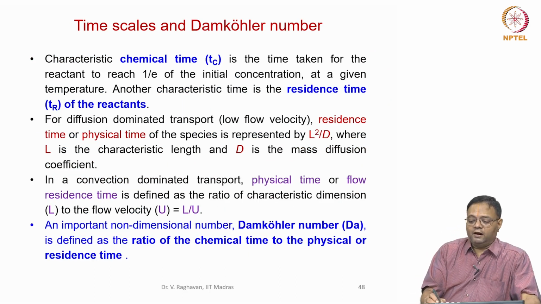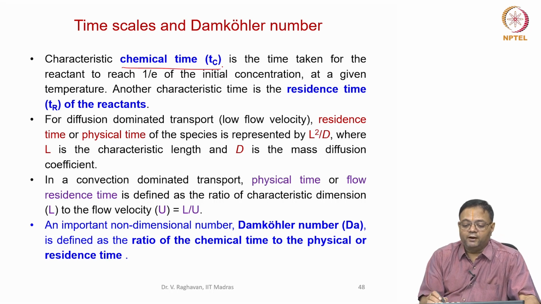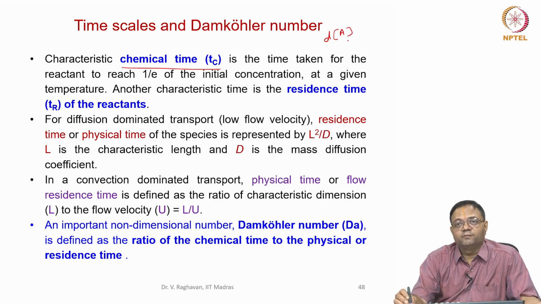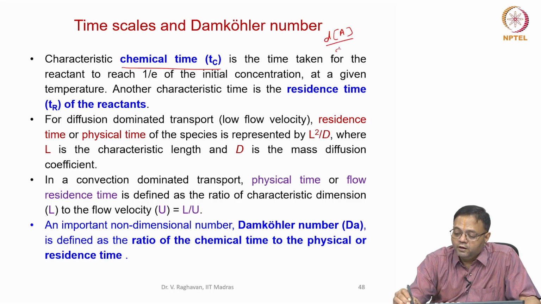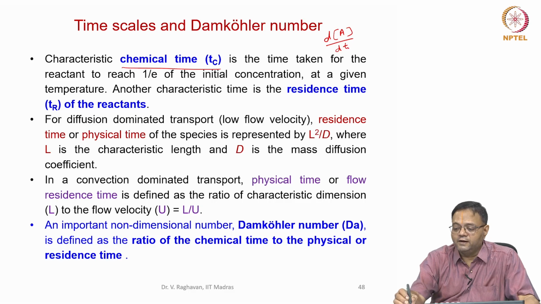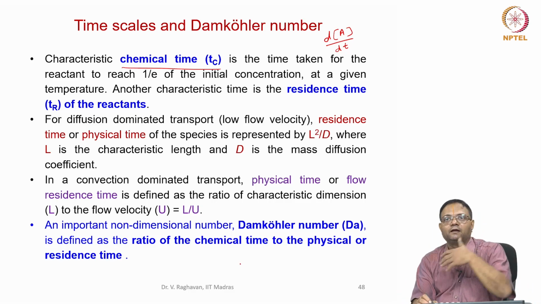Now, let us understand how to calculate the chemical time. The chemical time is the time taken for the reactant. So, for example, what is the reaction rate for a reaction between A plus B? The rate at which the concentration of A changes with time, it is negative because the A is a reactant and decreases.